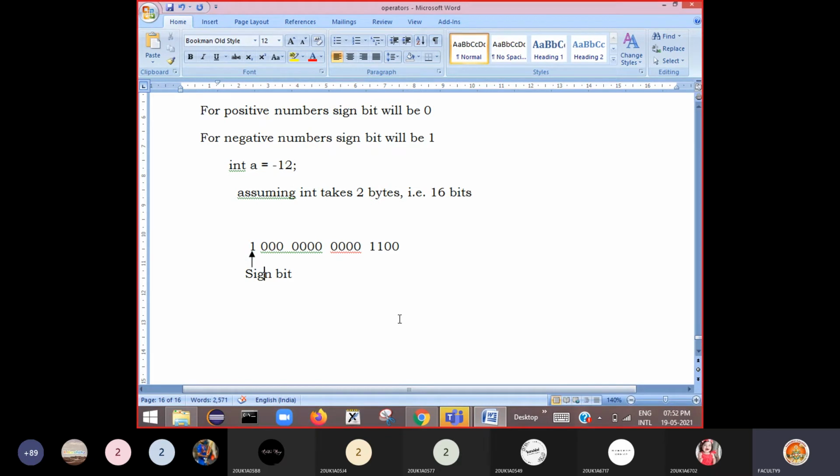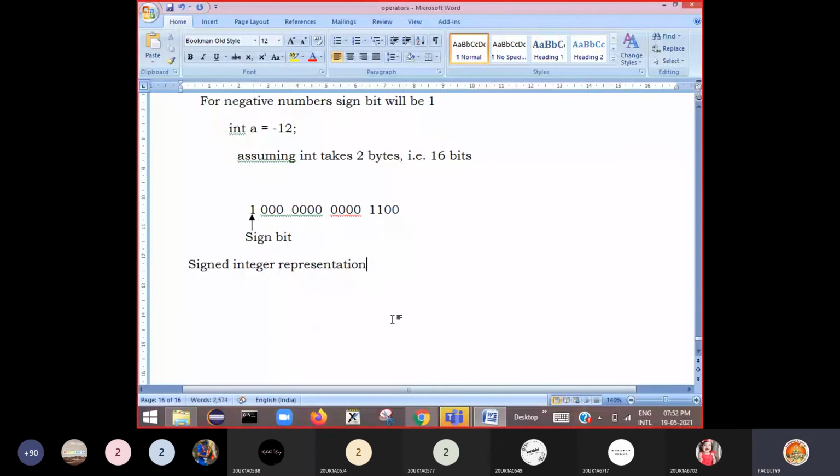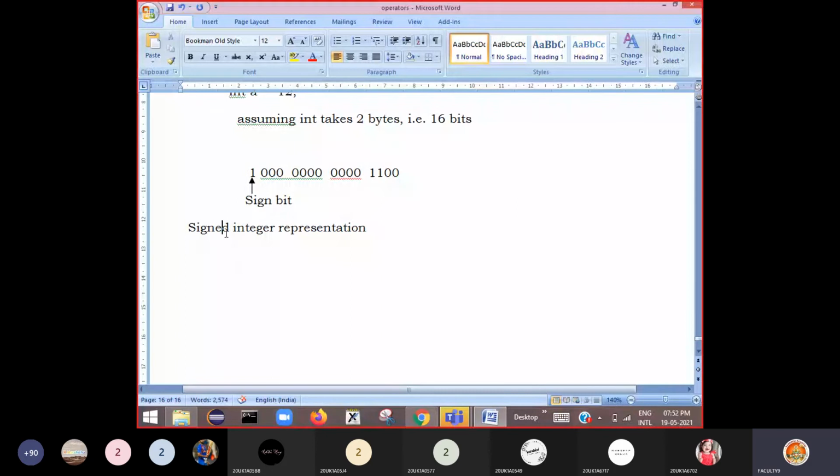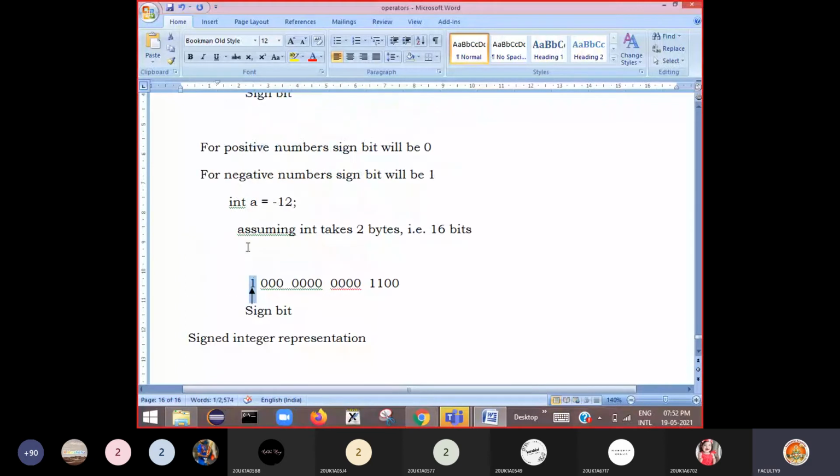So these numbers are called signed integers. This is called signed integer representation, or signed number representation. In signed integer representation, the leftmost bit is used for storing the sign of the number.